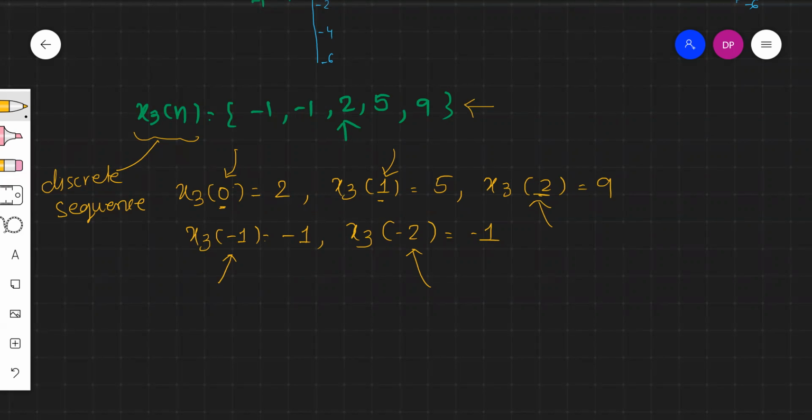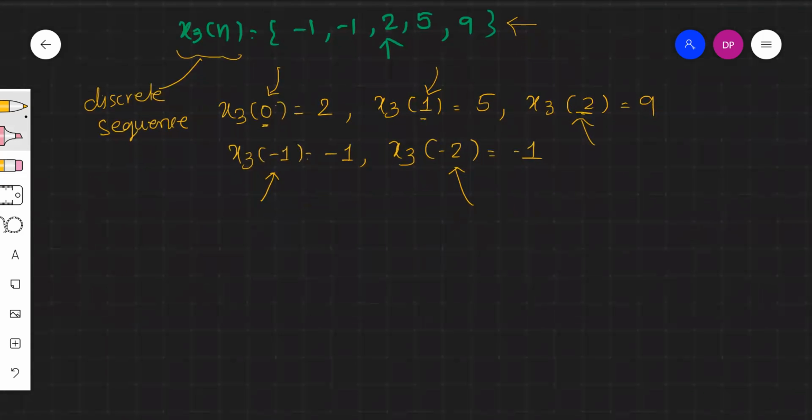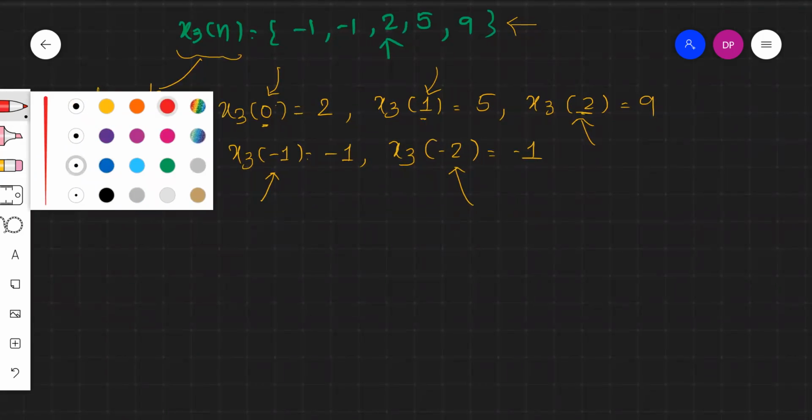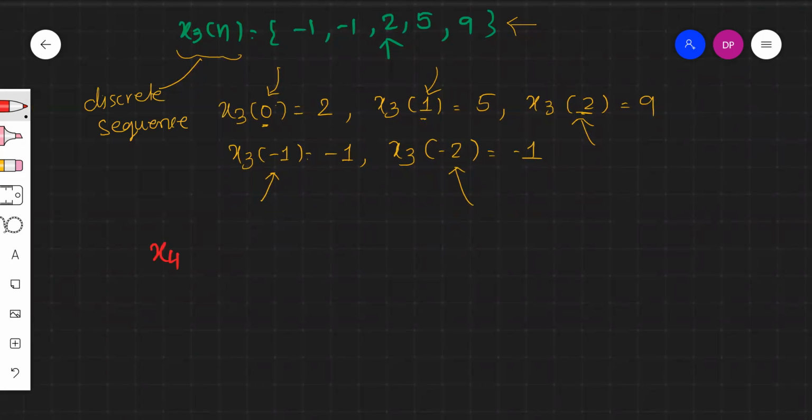So x1 of n and x2 of n are given. We have calculated a sequence expression x3 of n, which happens to be the sum of x1 of n plus x2 of n. Let's say we are interested in finding another sequence x4 of n, which is equal to x2 of n minus x1 of n.